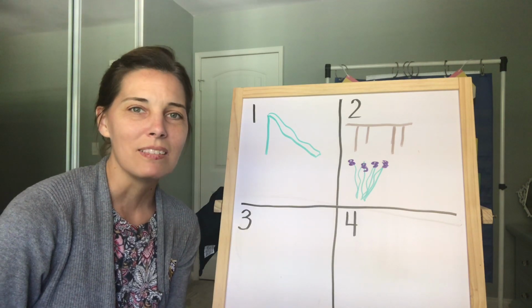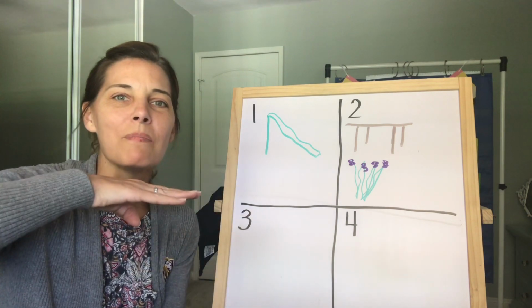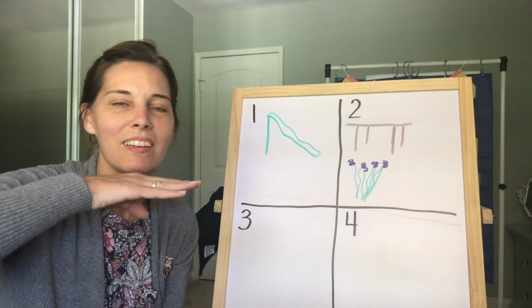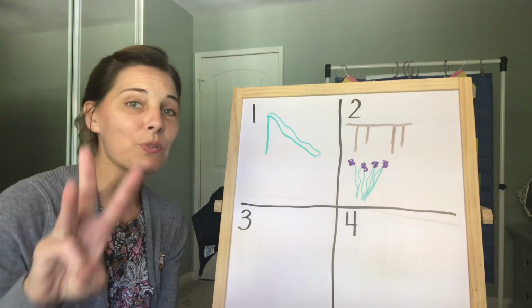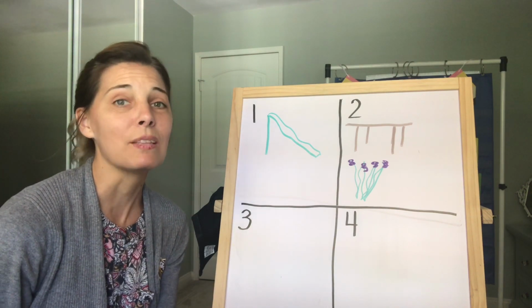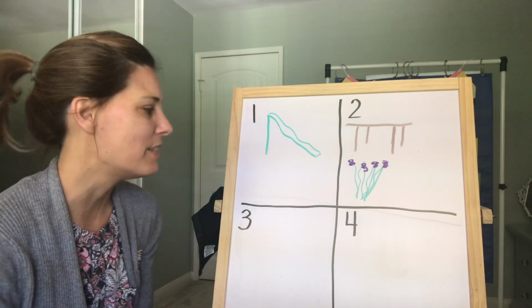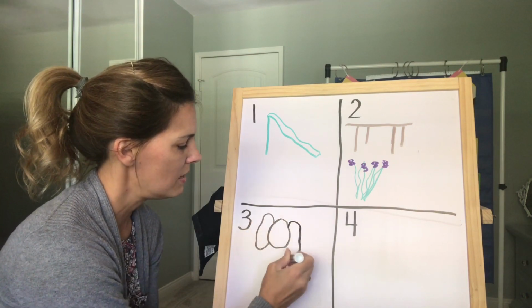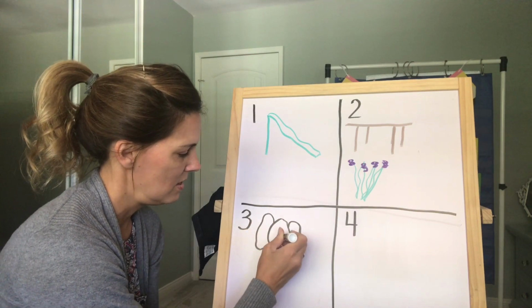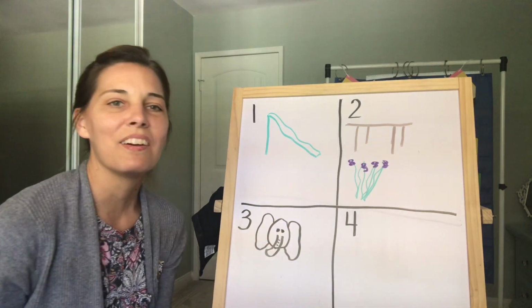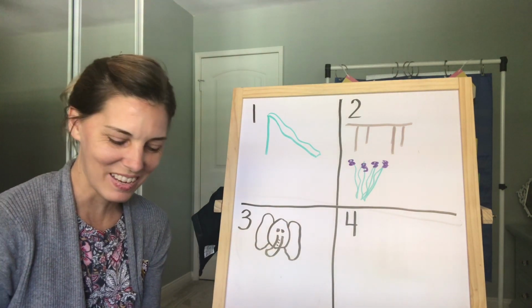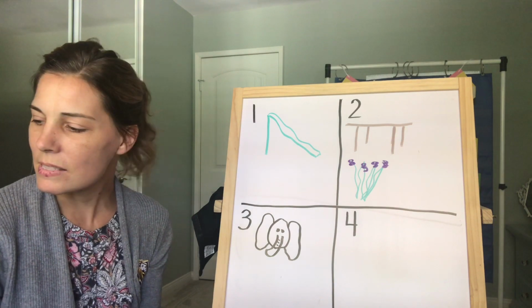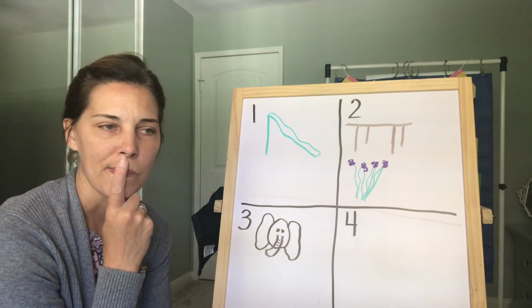How many times? Try it one more time. Elephant. We should have touched 3 times because there are 3 syllables in the word elephant. There's my elephant.